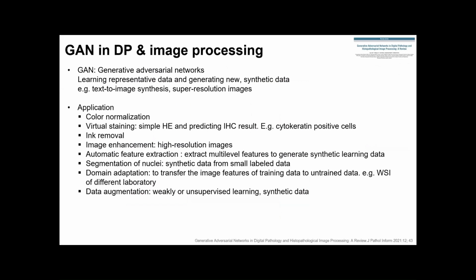Generative adversarial network is famous due to ChatGPT and is a method of learning representative data and generating new synthetic data such as text-to-image synthesis or super resolution images.